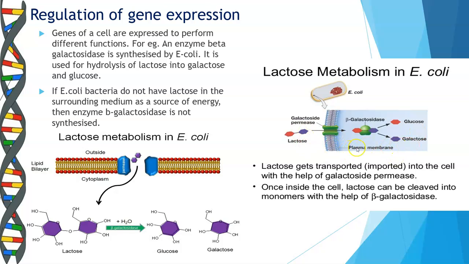So these are the two enzymes involved in helping the bacteria to utilize and metabolize lactose. The genes coding for the synthesis of these enzymes are controlled by lactose. So this is an example of regulation of genes.